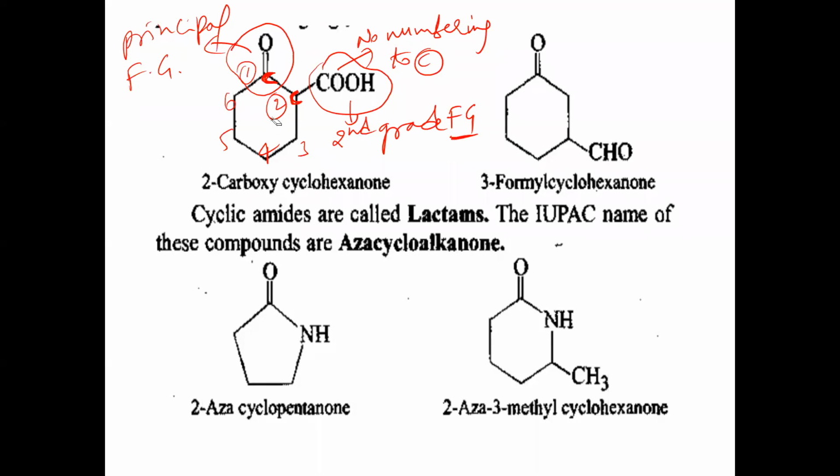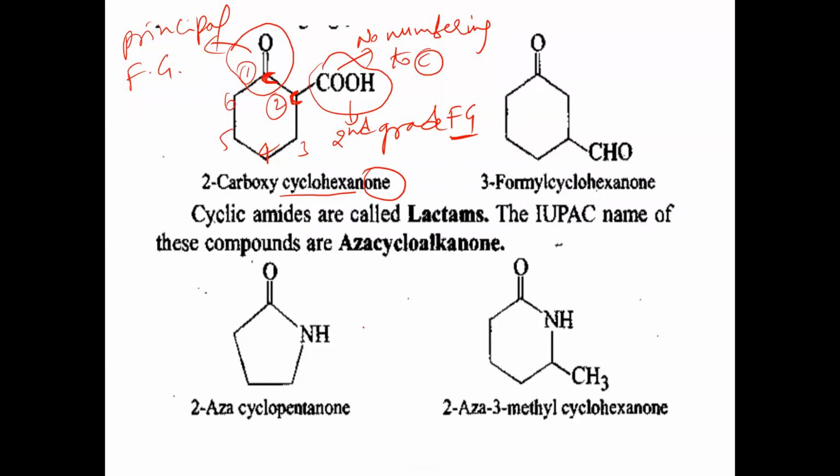So 2-carboxy cyclohexane-one. What is the one? The secondary suffix of the principal functional group. For the CO ketone group, the secondary suffix name is one. Cyclohexanone. So 2-carboxycyclohexanone, we have to take this one.